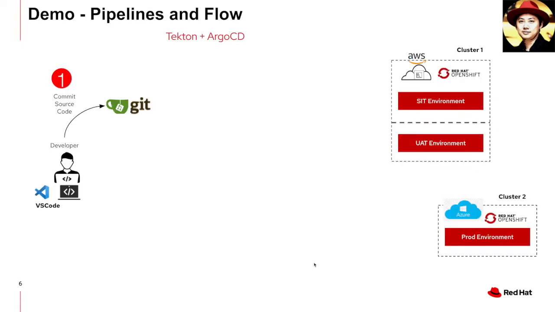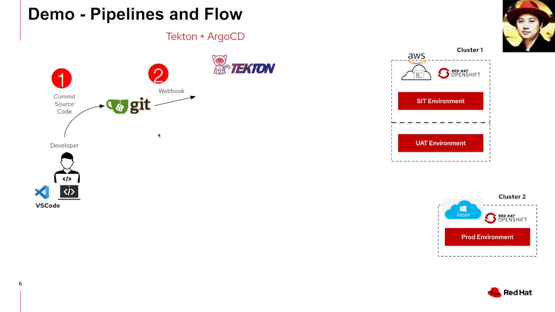Now, this is the pipeline and also the flow that I'm going to show you later, right? So as a developer, I'll be working on my application coding in my local PC. Once I finish my coding, I'll commit my source code into a Git repository.